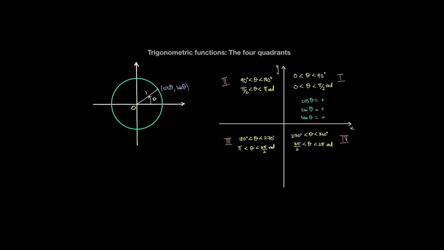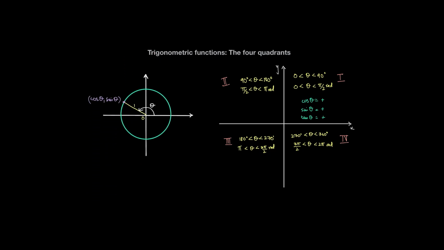Now let's say that instead of theta being between 0 and pi over 2 radians, we have an angle theta between 90 degrees and 180 degrees, or between pi over 2 and pi radians.